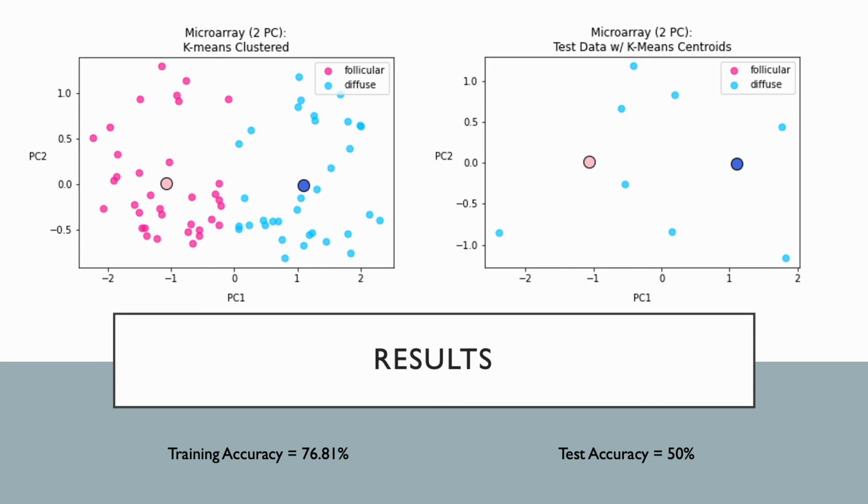If you look at the plot on the right, it makes sense because there seem to be 4 dots closer to the diffuse centroid, and the other 4 dots belong to the follicular centroid on the left side. So it makes sense why we would get 50%.